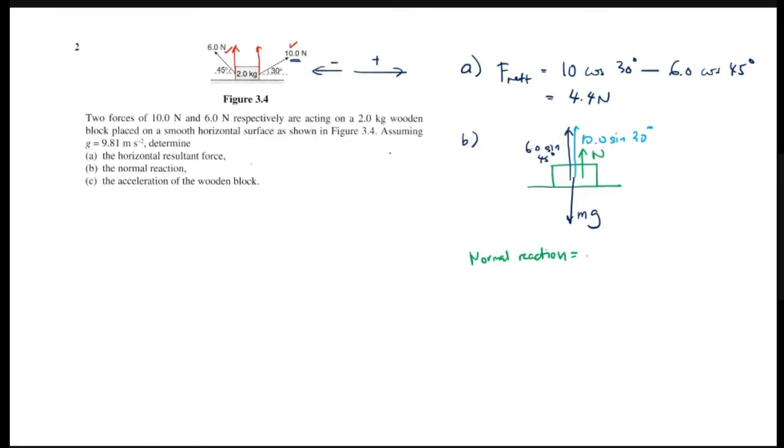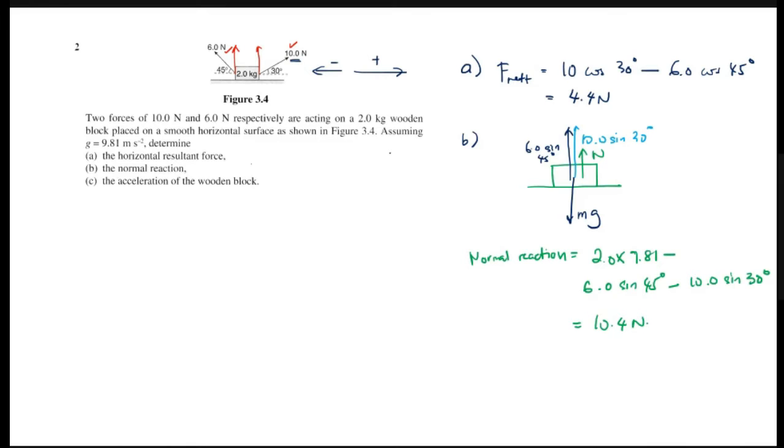We assume that pointing downwards is positive. 2.0 times 9.81 minus 6.0 sine 45 degrees minus 10.0 sine 30 degrees, that you have 10.4 Newton.